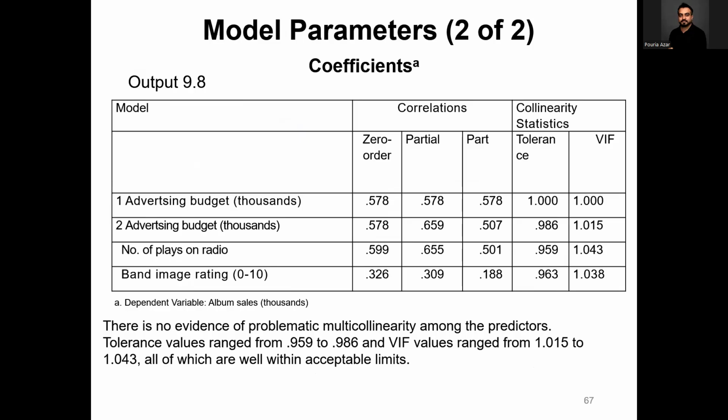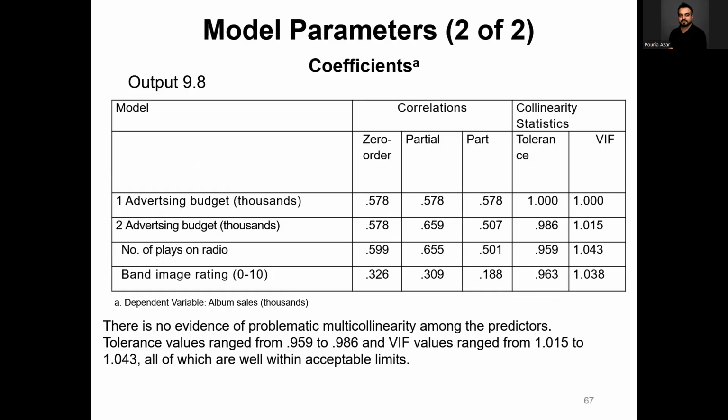And this is the assumption testing for multicollinearity. Based on the tolerance column and VIF, I would say there is no evidence of problematic multicollinearity among the predictors. Tolerance values range from 0.959 to 0.986. Remember, we don't have to look at number one because this is simple linear regression, and multicollinearity is not applicable here.